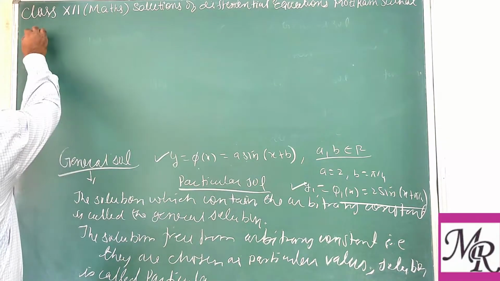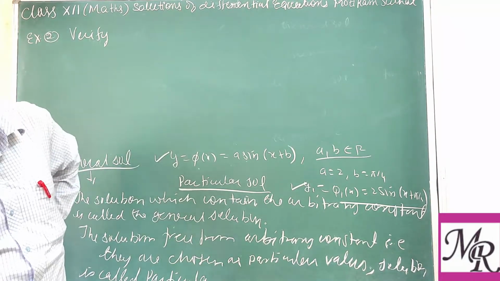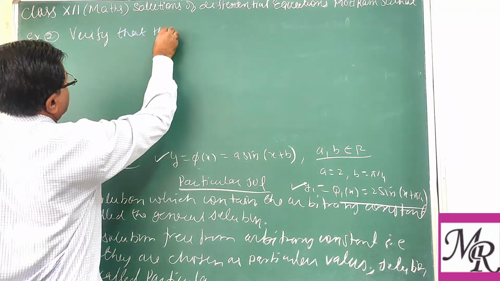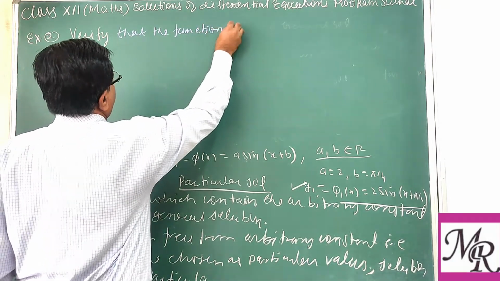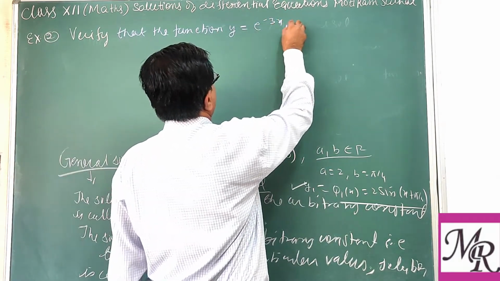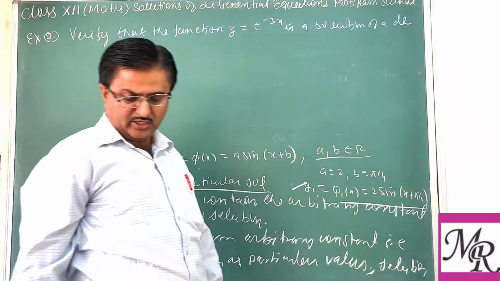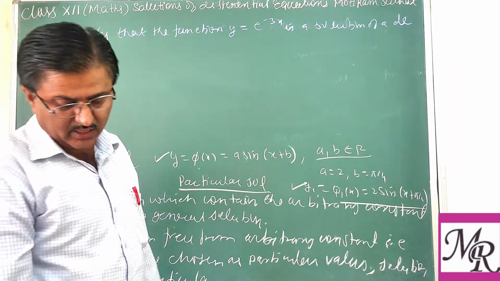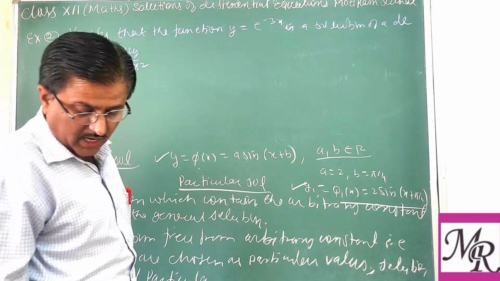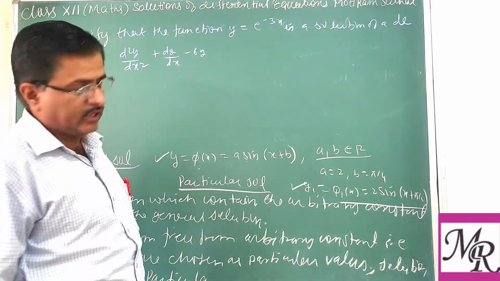Example second: verify that the function y equal to e power minus 3x is a solution of the differential equation, DE, I am writing the short form of differential equation, d square y upon dx square plus dy by dx minus 6y equal to 0.